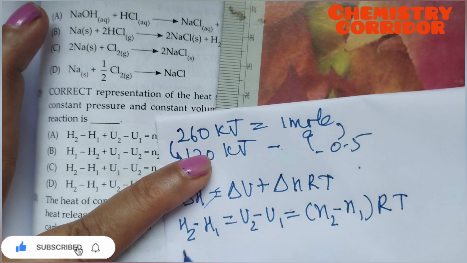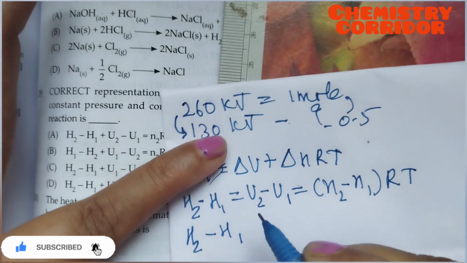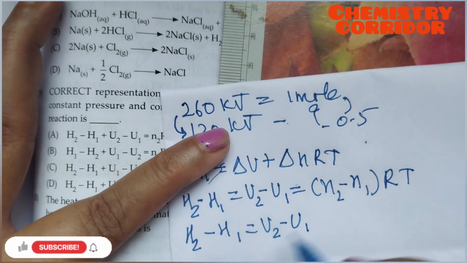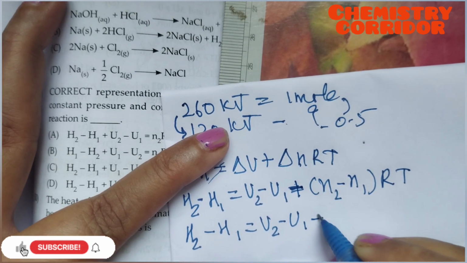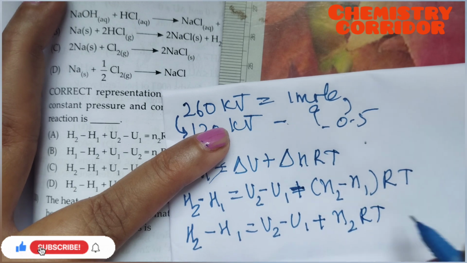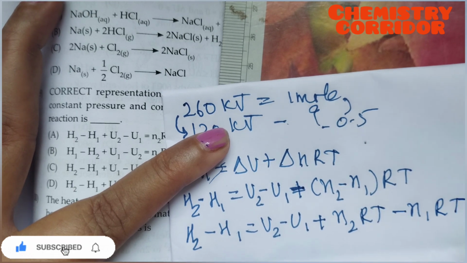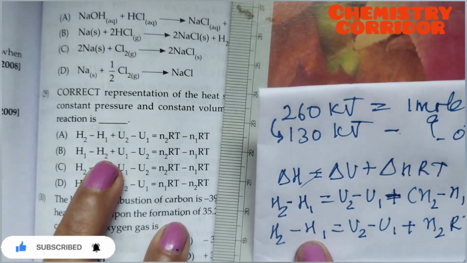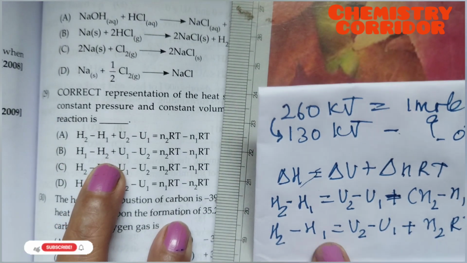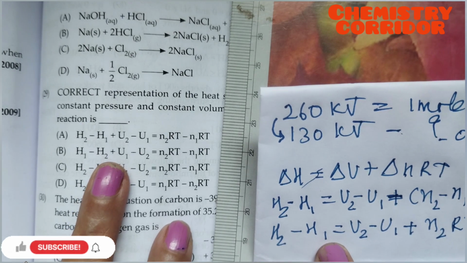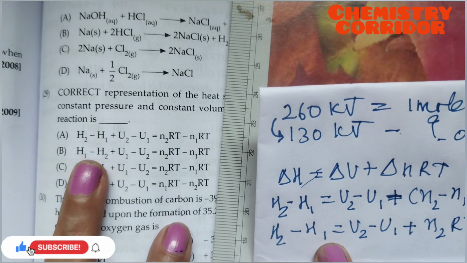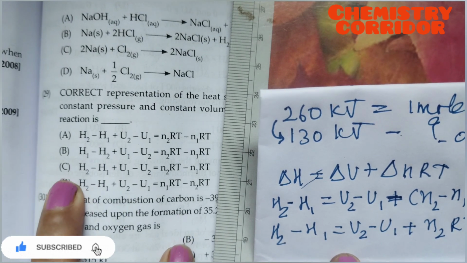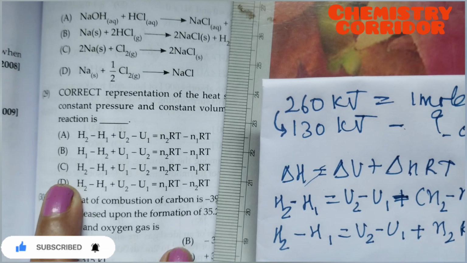If I open this, H2 minus H1 is equal to U2 minus U1 plus this will be n2 RT minus n1 RT. Now taking into consideration the values, if I check H2 minus H1 and if I bring this to this side, it will become U2 minus U1. So if you see the options here, according to this, I think option will be third option. Let's see the next question.